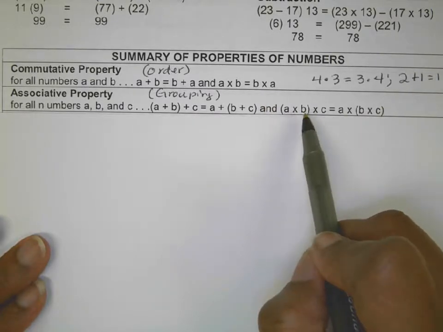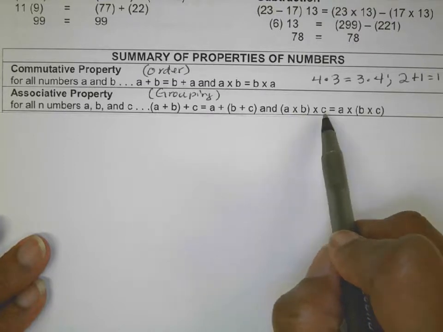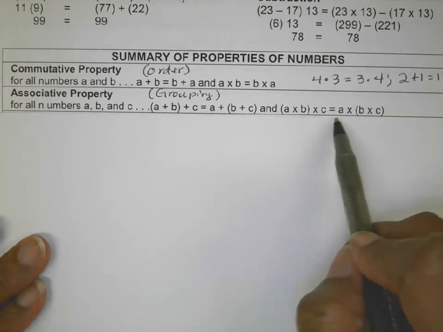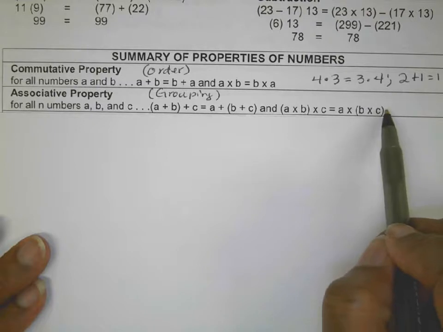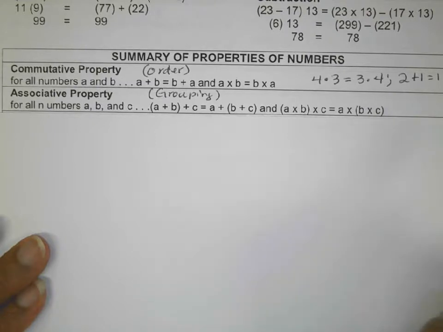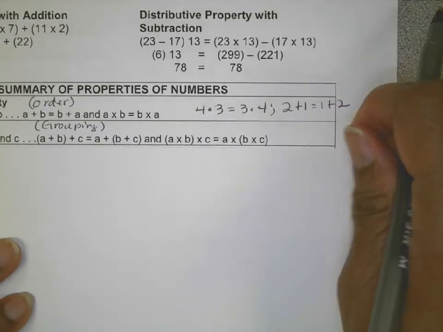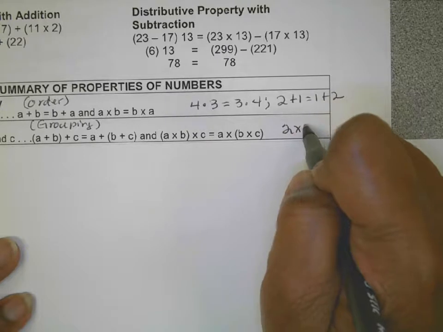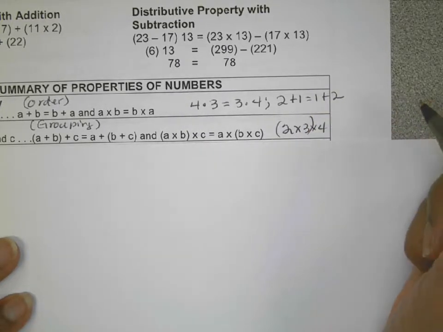Likewise, when you have multiplication, we have A times B times C. We grouped A and B initially. We have the same order, A times B times C, but we grouped B and C this time. So a quick example of that would be 2 times 3 times 4, and we grouped 2 and 3.